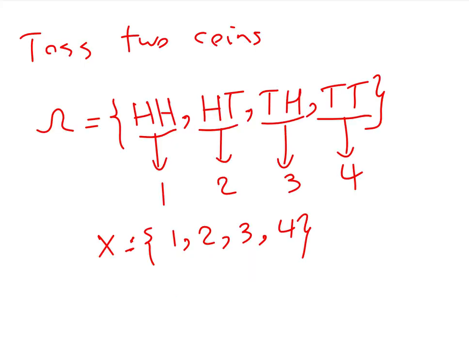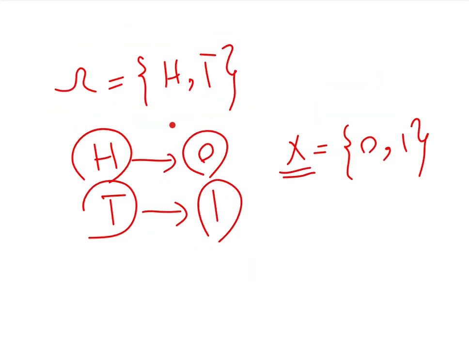For example, in tossing a coin, our random variable is x, and x takes the values of 0 and 1. So is this random variable, defined in this slide, discrete or continuous? Can you say in this slide x is continuous or discrete?